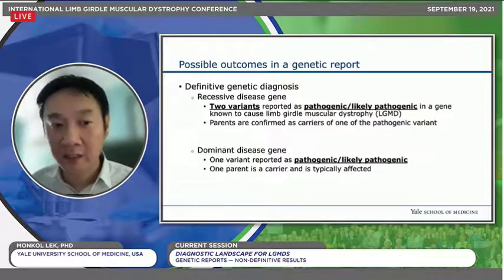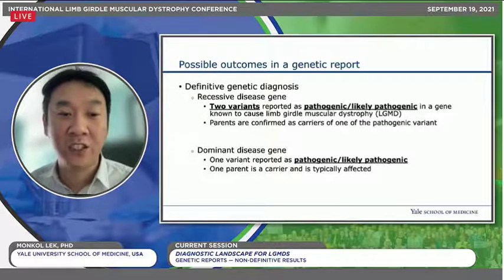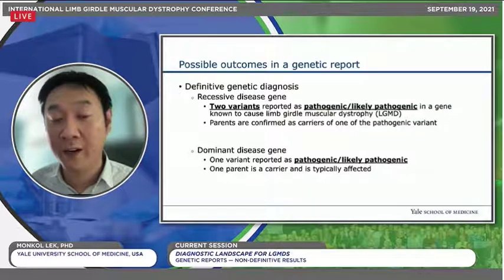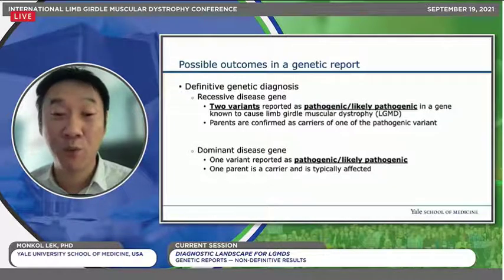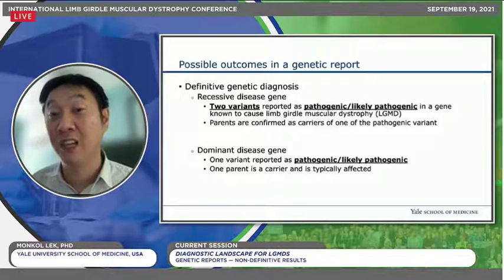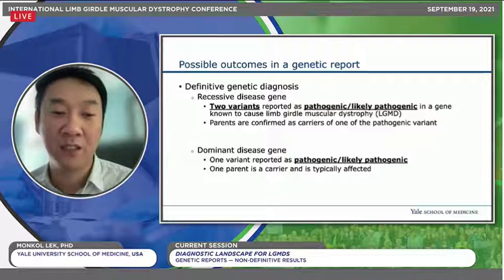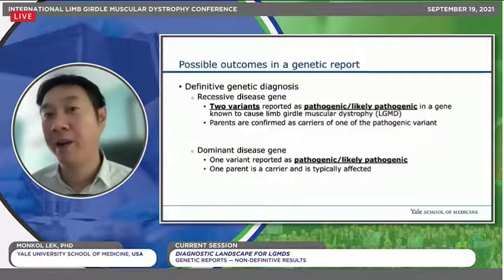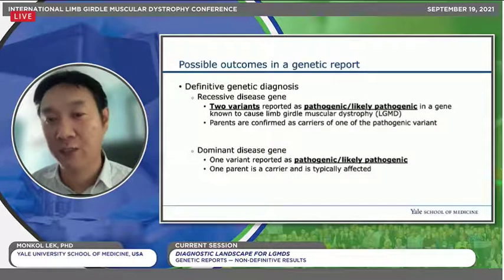In the other scenario, a dominant disease gene in limb-girdle muscular dystrophy, we're looking for one variant, but it still needs to be reported as pathogenic or likely pathogenic in a gene known to cause a dominant form of limb-girdle muscular dystrophy. Typically one parent is a carrier and is also typically affected.